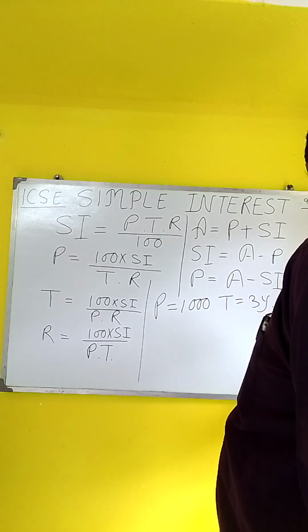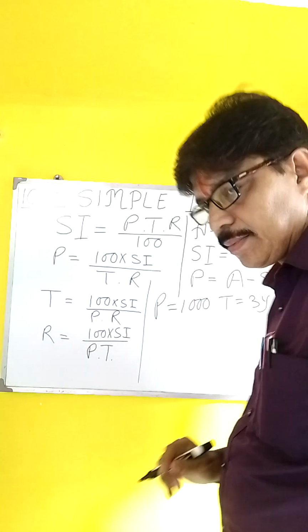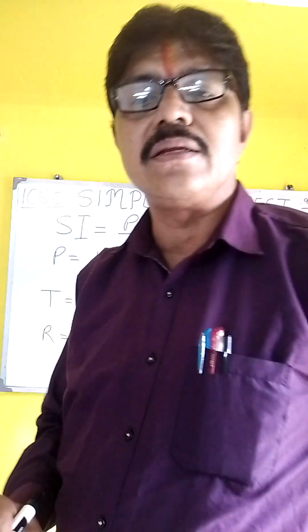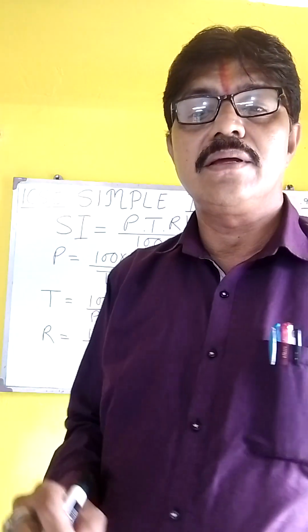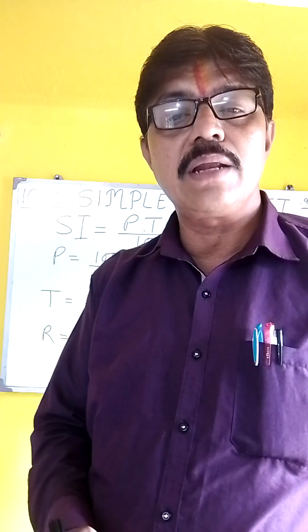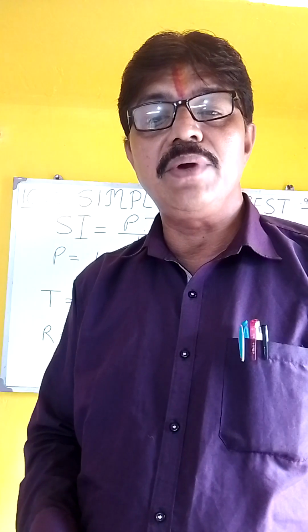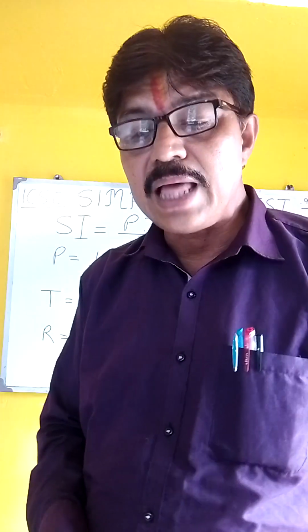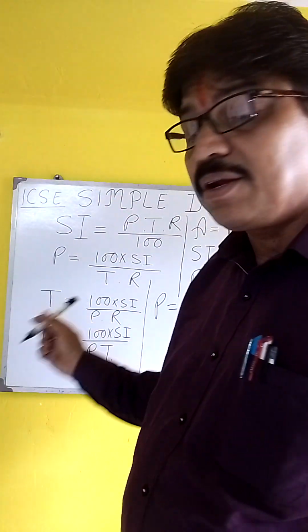This is very important. Per annum means per year. It is calculated that if 100 rupees is deposited in the bank and after 1 year they will give us 10 rupees extra, the amount will be 110 rupees.